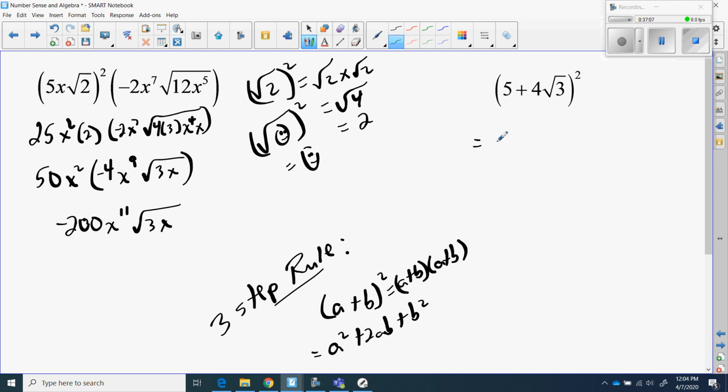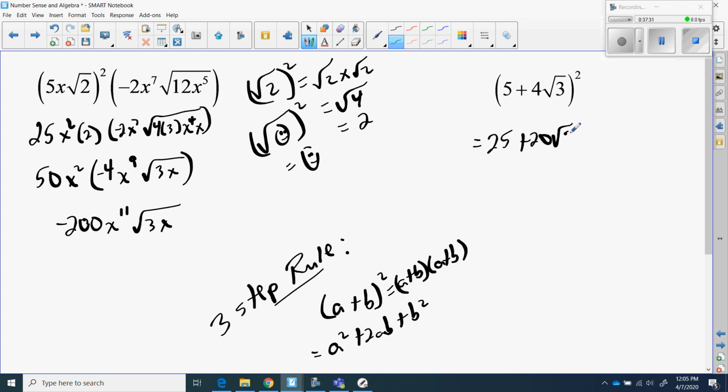Square the first, 25. Now multiply these two together. Now this can cause confusion. It's the number 5 times 4 radical 3. Well, I only multiply the 5 and the 4 together. The radical 3 is not going to change because you can only multiply radicals by other radicals of the same index. So when I multiply these together, it's 5 times 4, which is plus 20.